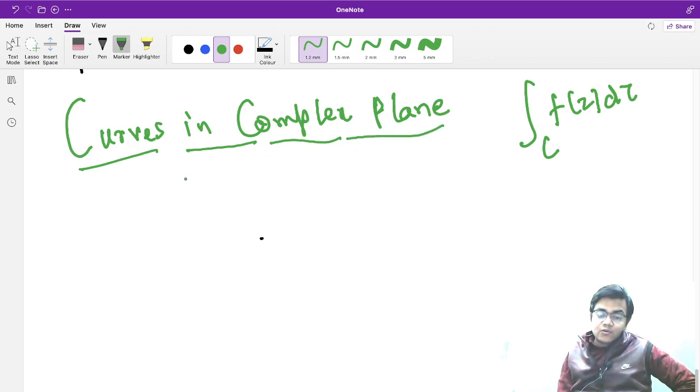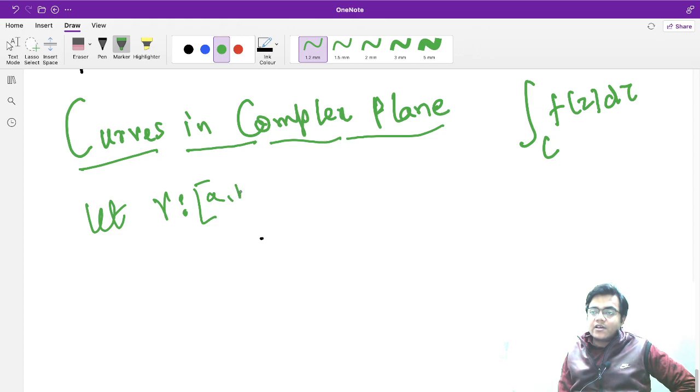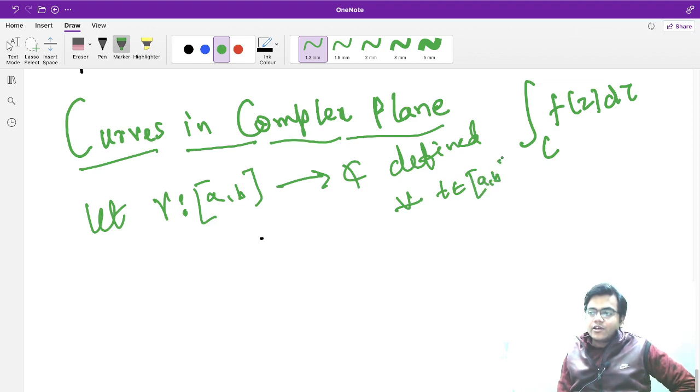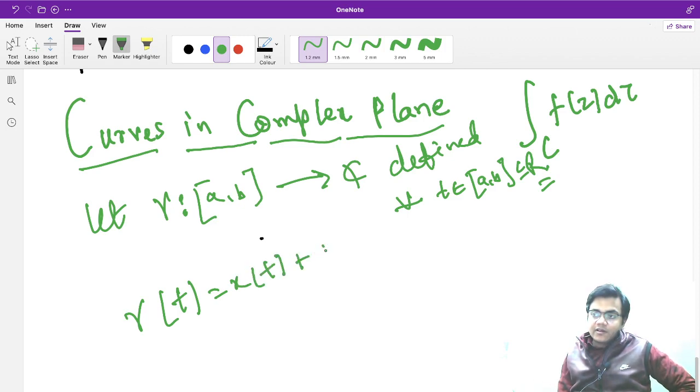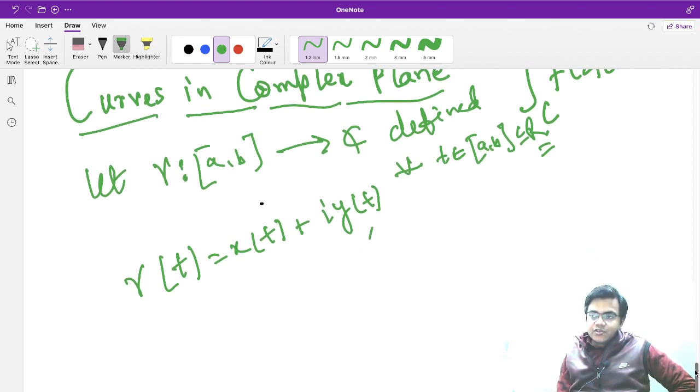How do your curves look? Let gamma be a map from the closed and bounded interval a to b to C, defined for all t belonging to a to b, where a to b is a subset of R. This a and b are the end points of this curve, and in parametric form we can write gamma of t equals x of t plus iota y of t. Here t is a parameter.